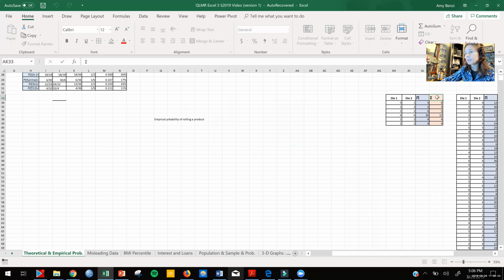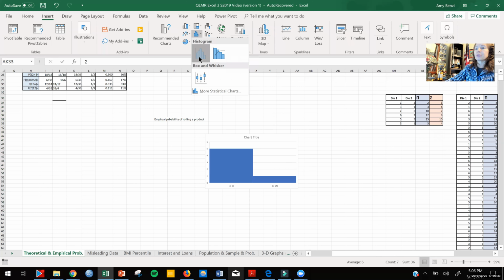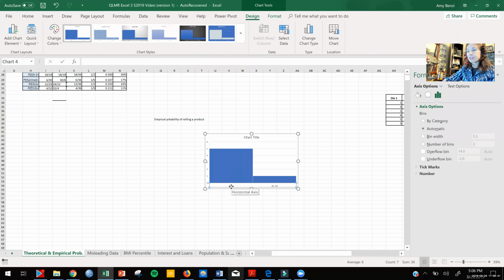So my sum column, I am going to select that column and insert a histogram. And if you don't have a histogram option, then you probably don't have Excel 2016, so you'll have to use a different computer at work or at the library or a friend's computer.